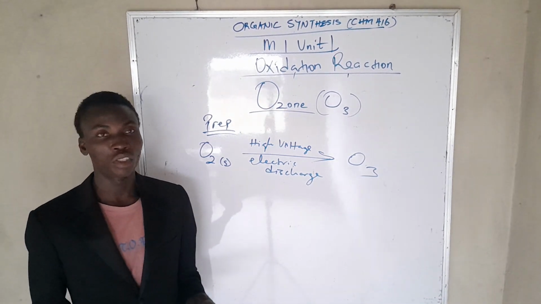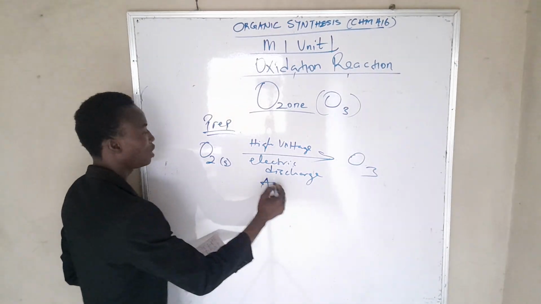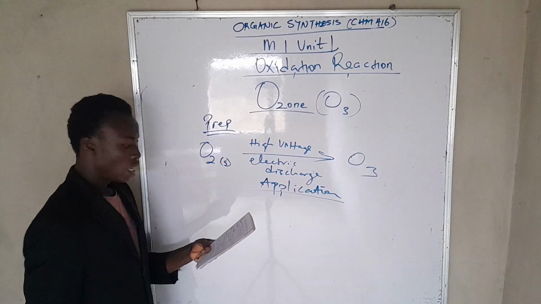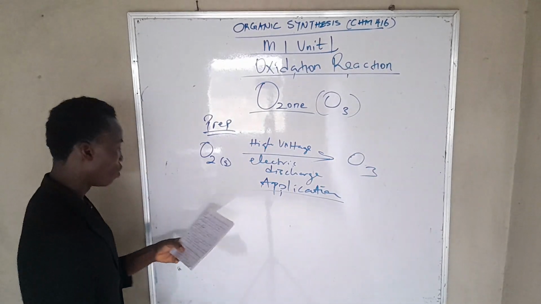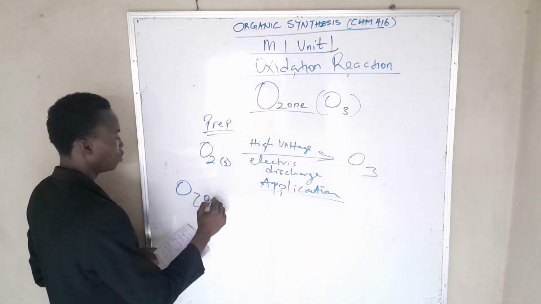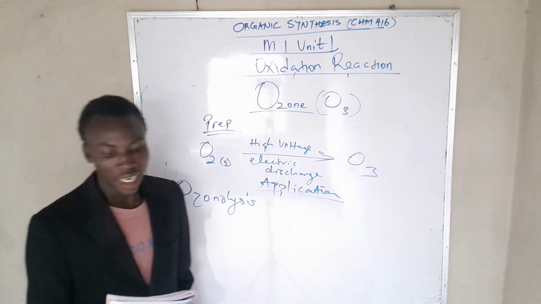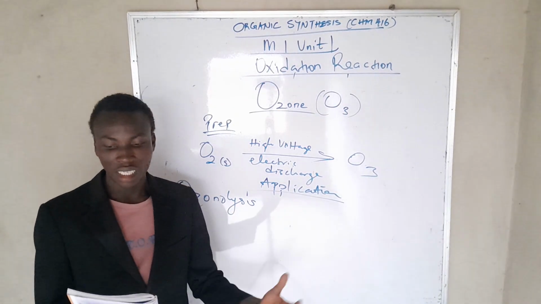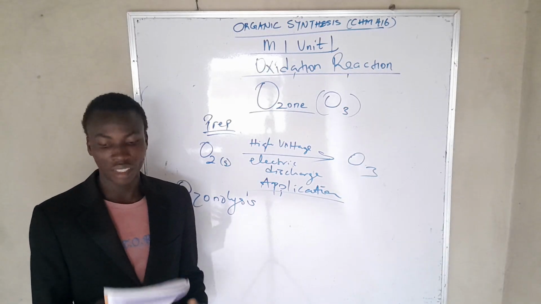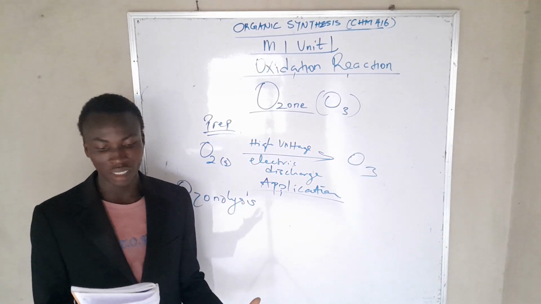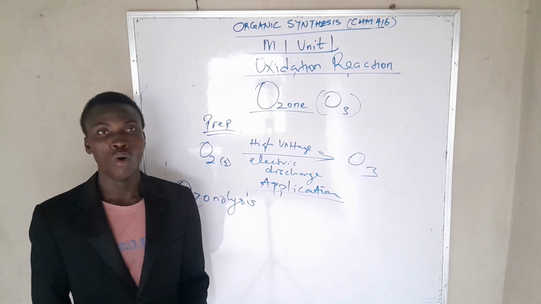So what are the applications of ozone in this place? Applications of ozone include the following. Number one, we have ozonolysis. Now, ozonolysis is the reaction between O3 and alkene to give an unstable intermediate that decomposes to an ozonide.